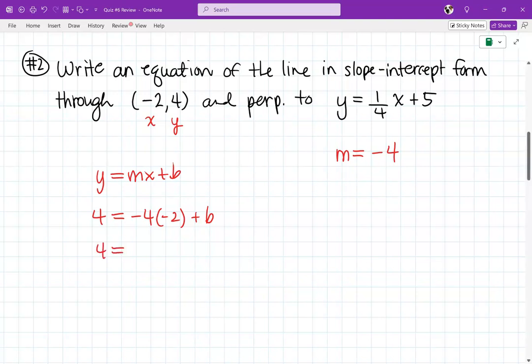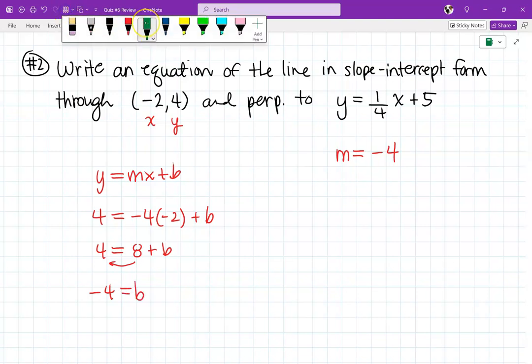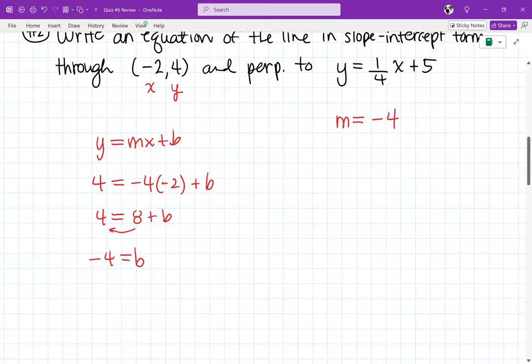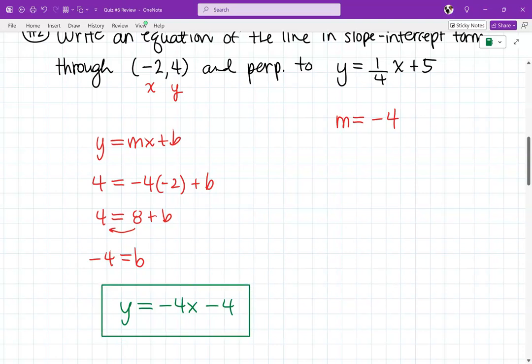So 4 equals 8 plus b. I'll move the 8 over. That's -4 equals b. So now that I know that my b value is -4, and my m value is also -4, then I can write my equation, y equals mx plus b, but m is -4x minus 4. That's my b value. This is my equation.